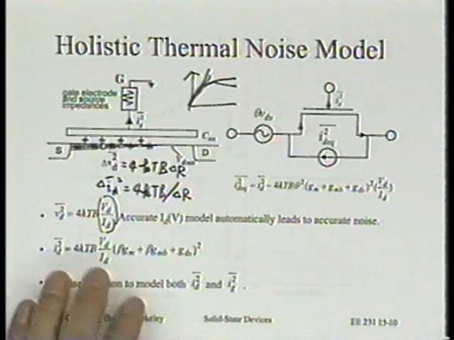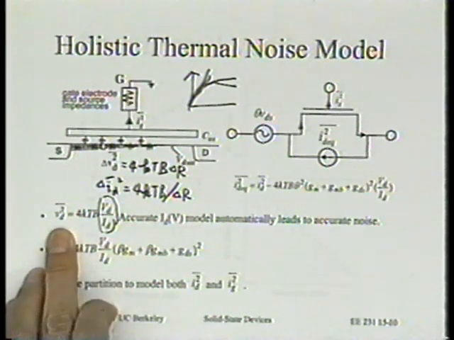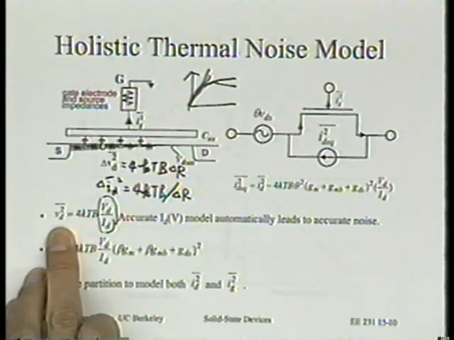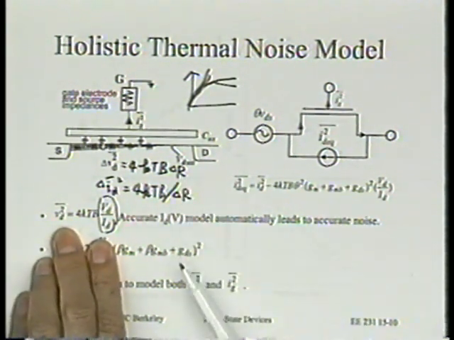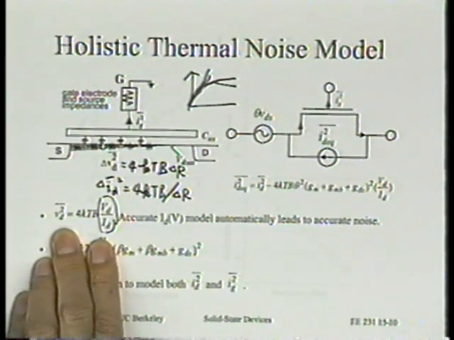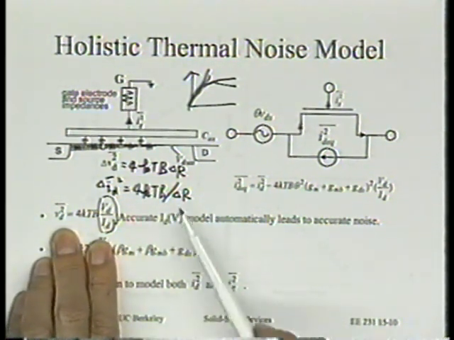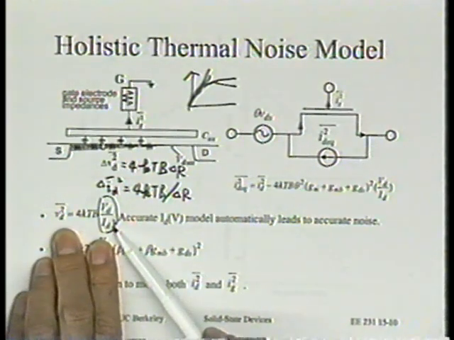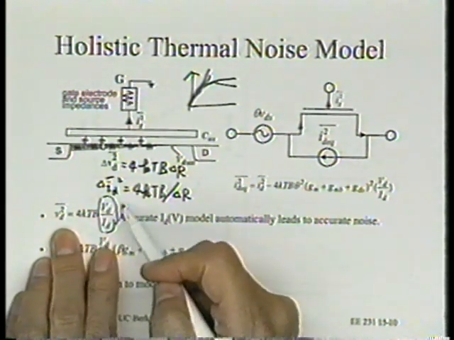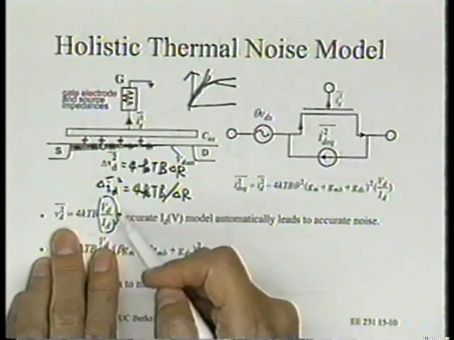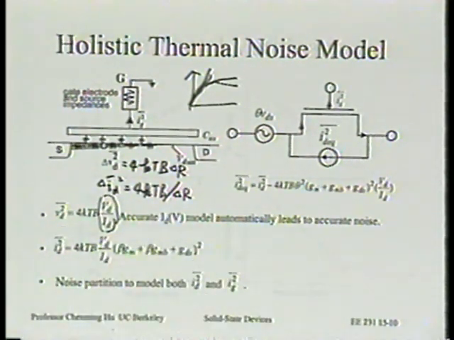Some people say, I take the voltage noise divided by the channel impedance to give us the noise current. Now in that case, the question is, should I divide it by the AC impedance or not? Maybe we should say it should be divided by the small signal resistance to give us the channel current noise. I've never seen anyone use that.